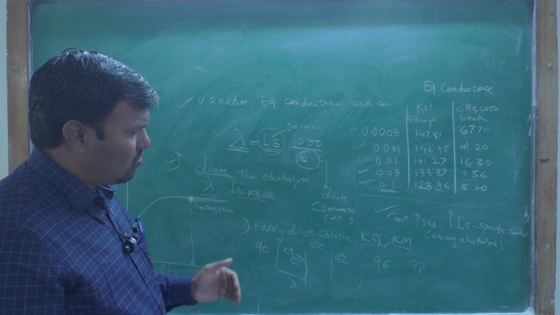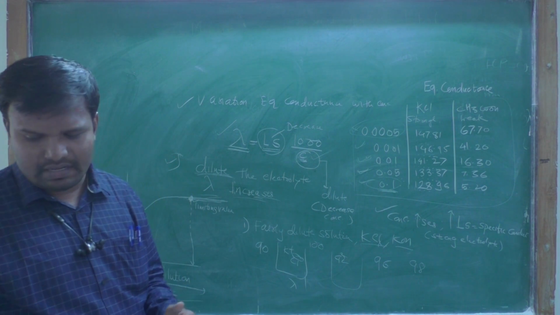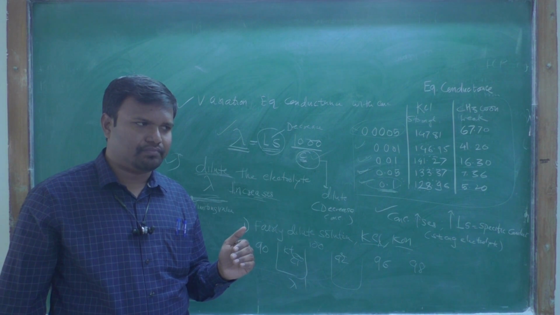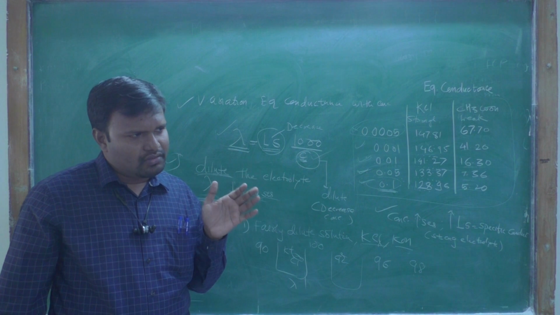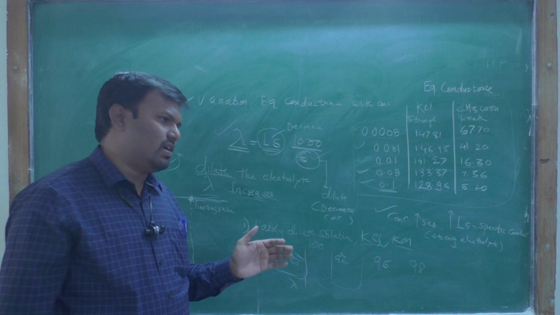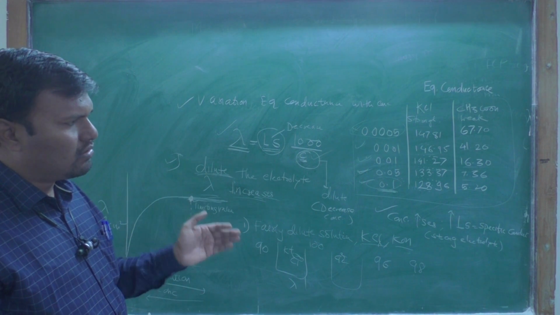Suppose you take the concentration for both substances, the weak electrolyte and the strong electrolyte. At the higher concentration, the lambda for the strong electrolyte is higher in comparison with our weak electrolyte.